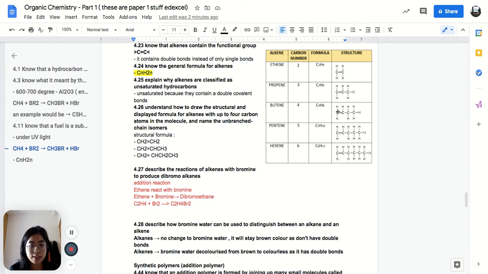The double bond is linked to buddies 1 and 2. You always look at the first one first and then the second one, so that's why it's called but-1-ene, because the double bond is linked to 1.